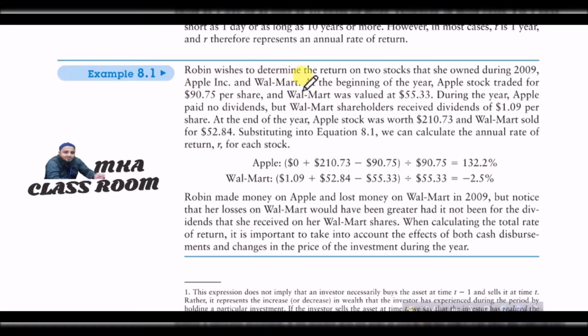Robin wishes to determine the return on 2 stocks that she owned during 2009, Apple Incorporation and Walmart. At the beginning of the year, Apple stock traded for 90.75 and Walmart was valued at 55.33.